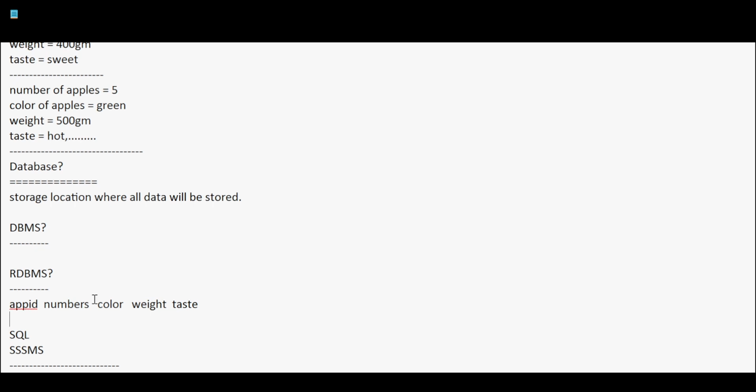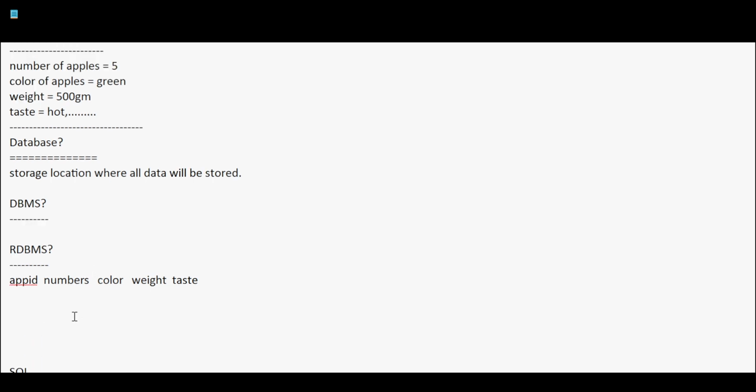Now, if you find any number of apples, you just make an order, an ID: just one, two, three, four, or five, whatsoever. But this is just the ID.